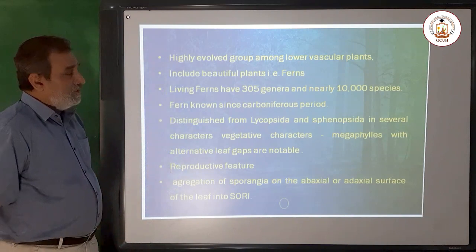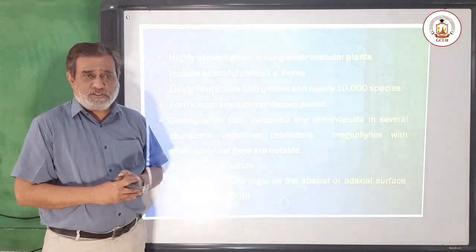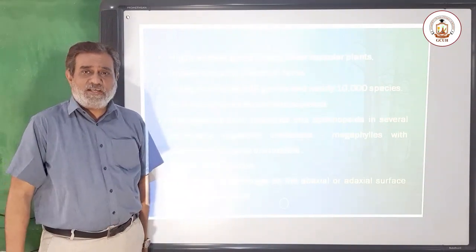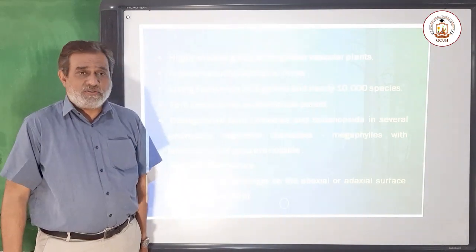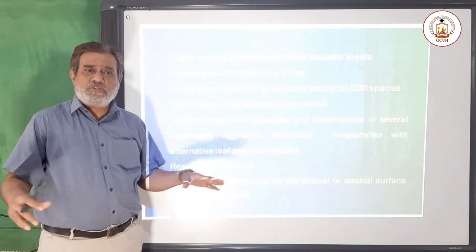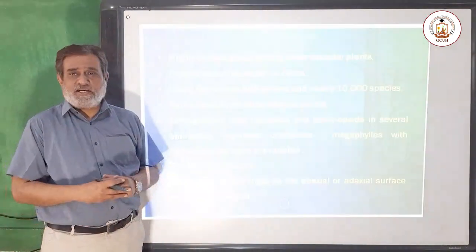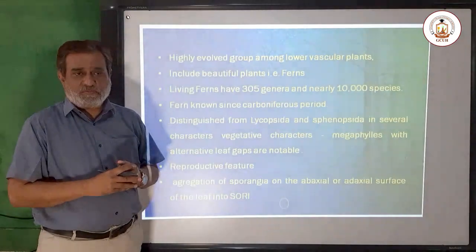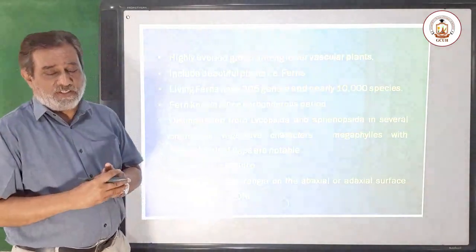As I have told you, the most beautiful plants are the ferns. I have seen these plants especially in hilly areas. Under the pine trees you can see lush green ferns on the ground in the Azad Kashmir Valley, and in Nathia Gali and elsewhere.